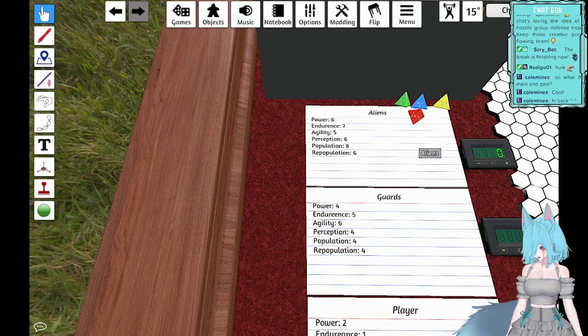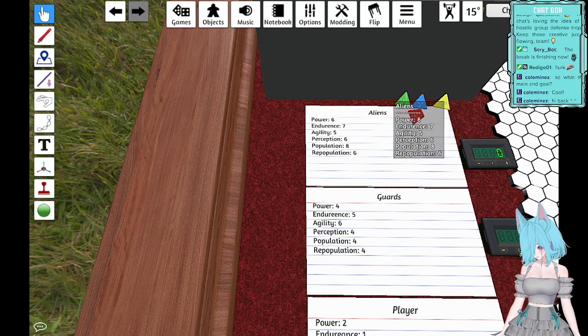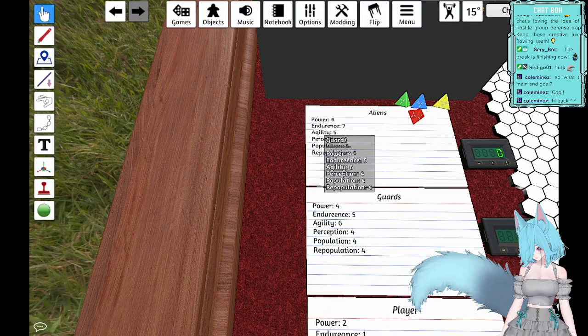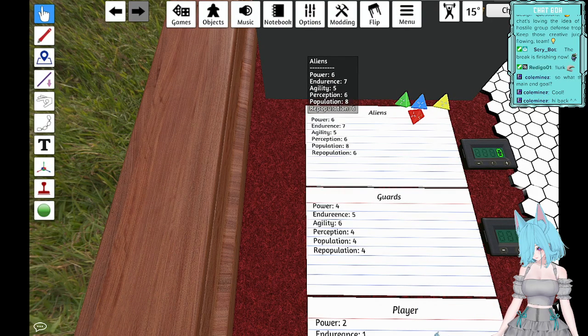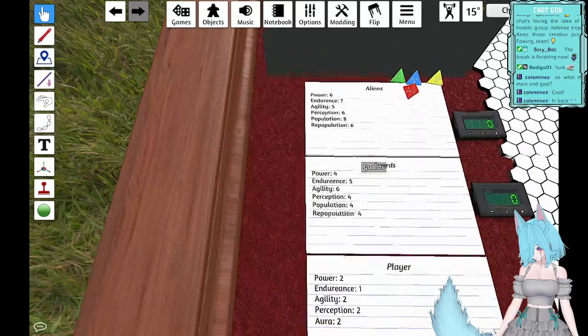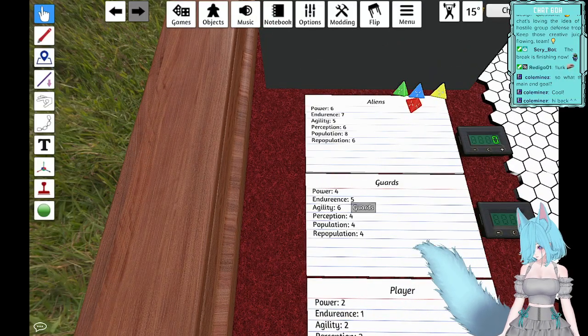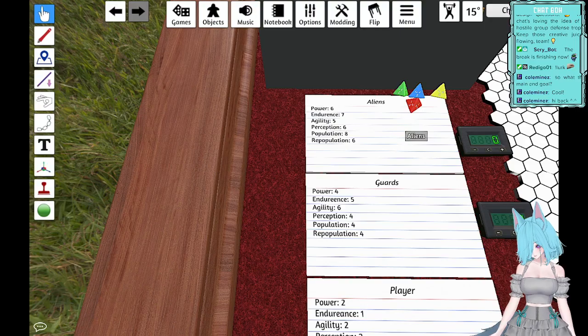Power is also... power and perception. So how much power can we get? We can only match power, but we don't need to. It's fine if some guards die.